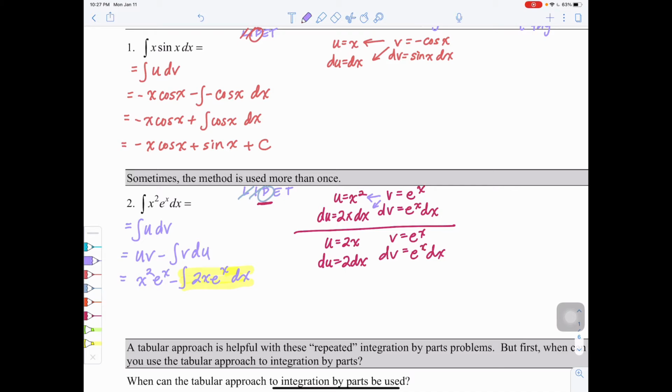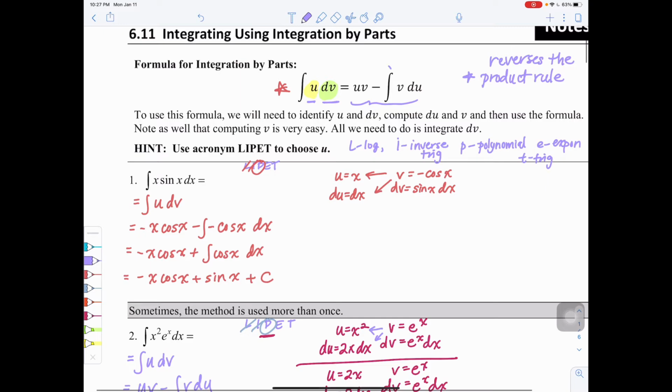Let's go. That's equal to x squared e to the x minus, I'm going to tell you right now, parentheses are everything, and let me explain why. We are subtracting this integral, and this integral is parts, and parts has a subtraction in it.